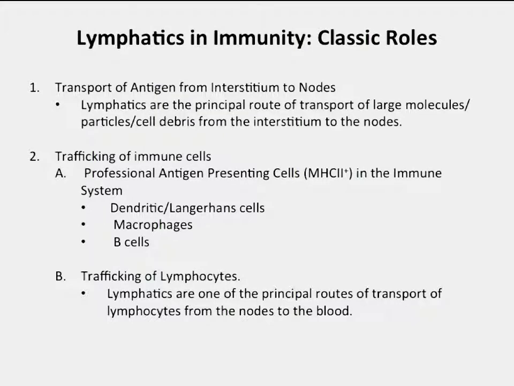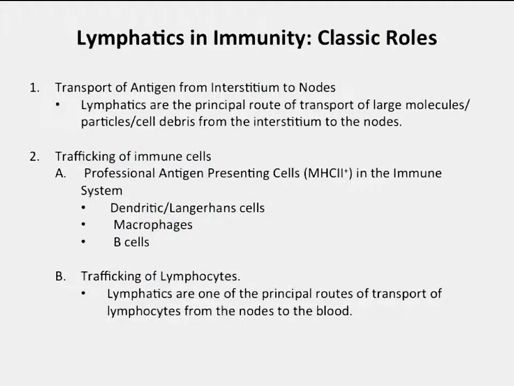So the lymphatic plays a key role in this process, particularly for antigen presentation for the reasons I gave you. It's the principal route by which most macromolecules from the interstitium are picked up and hence carried back to the node and eventually back to the blood. And so most antigens are fairly large molecules, and they will be predominantly carried via this system back to the node.